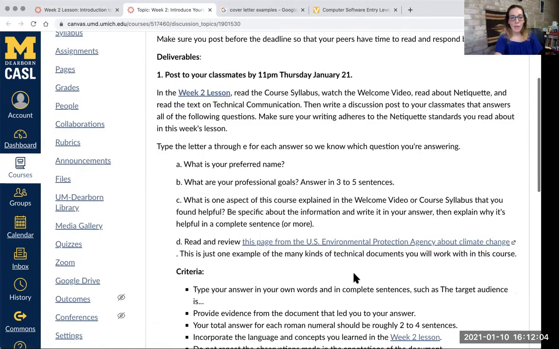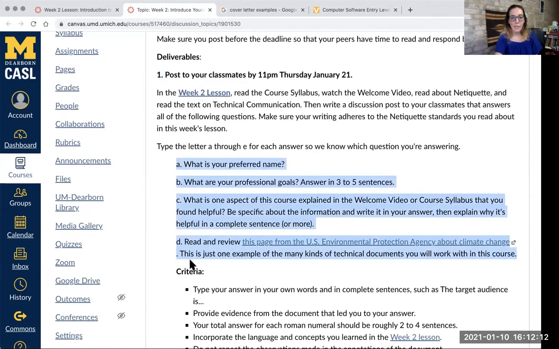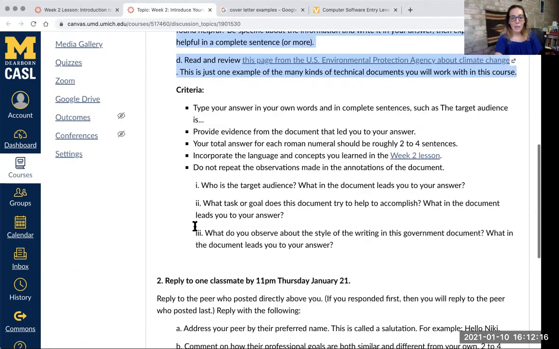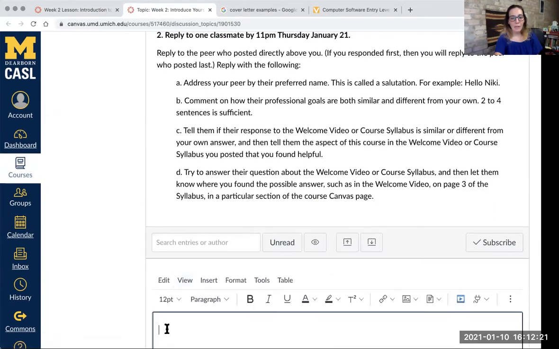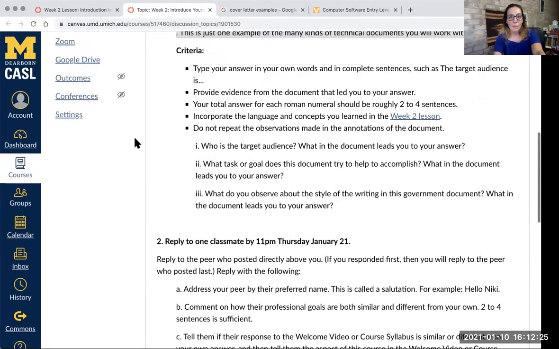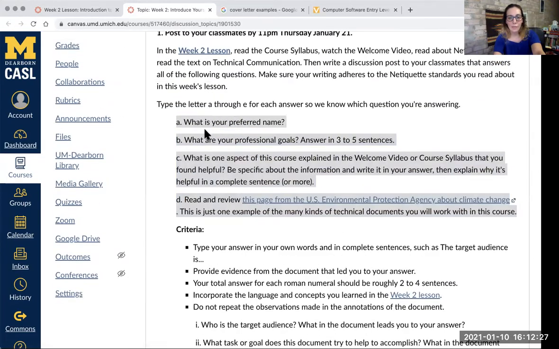For the assignment, you're going to first post your response to number 1 here, which is A through D. You're going to answer these questions by hitting reply, typing 1A, and then posting your answer. You'll do that for B and C as well.